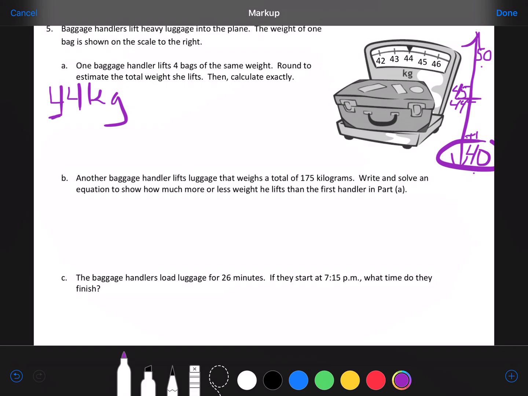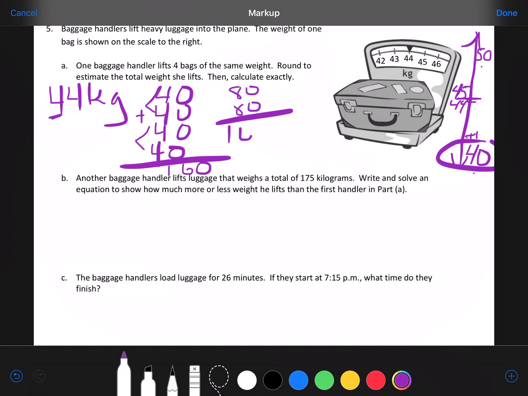Round to estimate the total weight. Well, she's lifting 4 bags. So we're going to go 40 plus 40 plus 40 plus 40. If you multiply by 4s, you would get 160. Or if you add, this is 80 and this is 80, and then 80 plus 80 would also be 160, right?